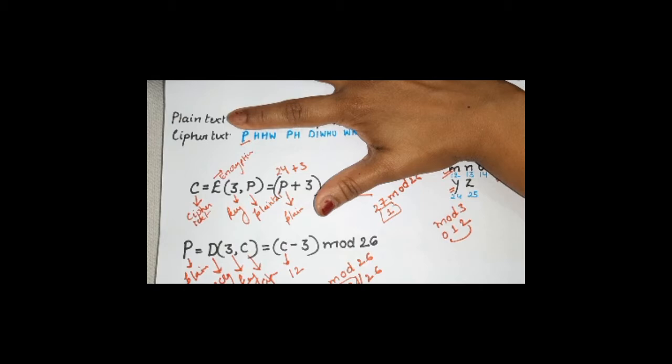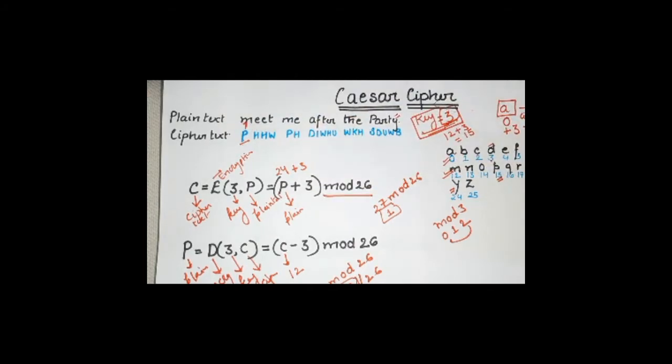He'll start from the possible keys, which could be 1, 2, 3, 4, 5, 6, anything. And by using all these keys, whichever key gives you a relevant meaning is the plain text. Correct? I hope you can understand.